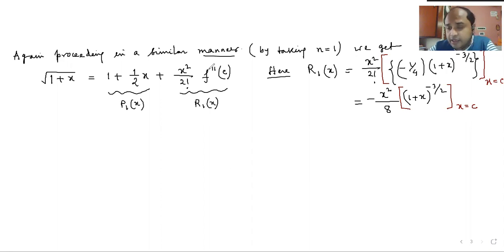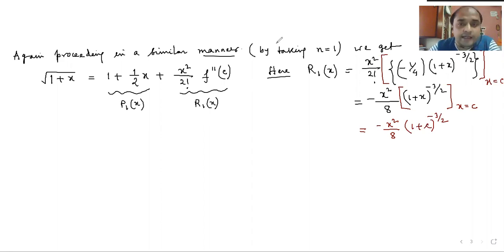I'm only taking the derivative of the function, and in the expression of x, I'm putting x equal to c. So you can write this as minus x square by 8 1 plus c to the power minus 3 by 2. So that is my r1x.